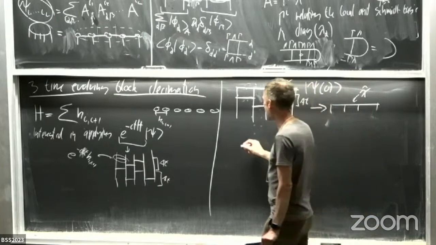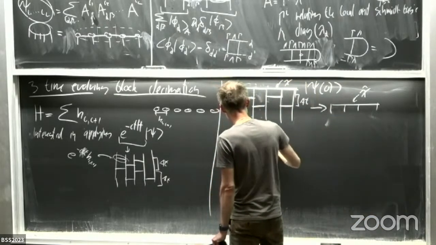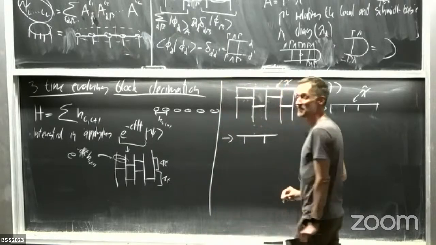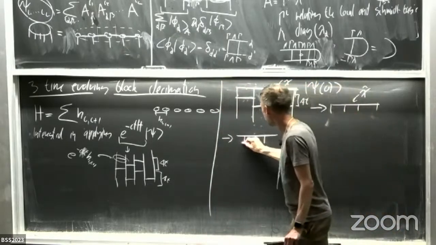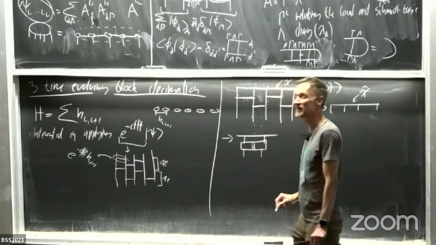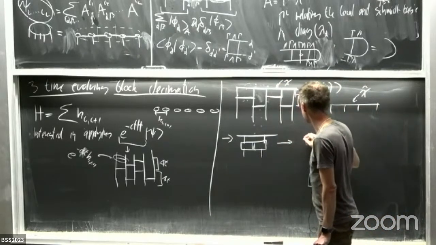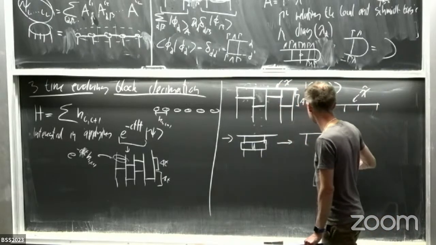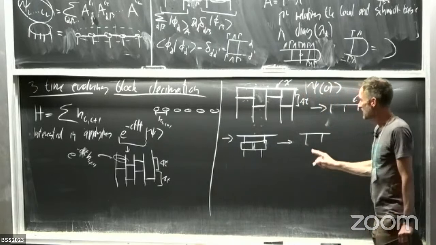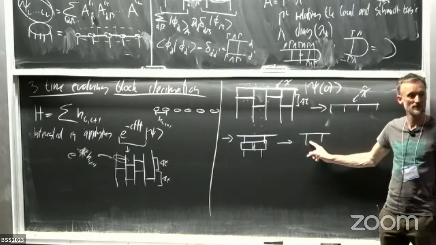So we can boil it down to a problem where we have our MPS, and we apply to this MPS one gate, which is doing the evolution, and we just have to bring it back to an MPS.